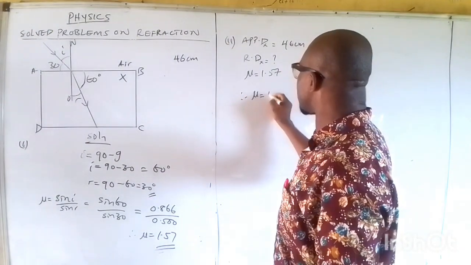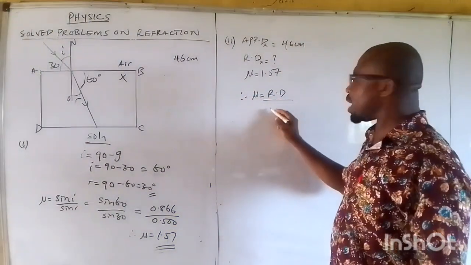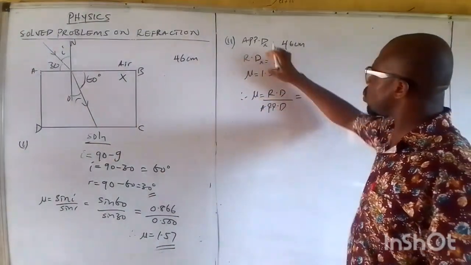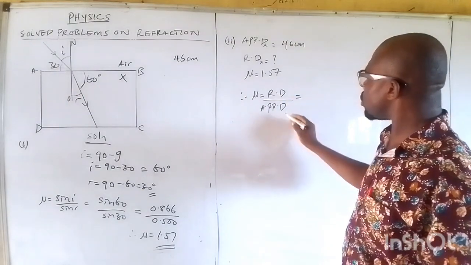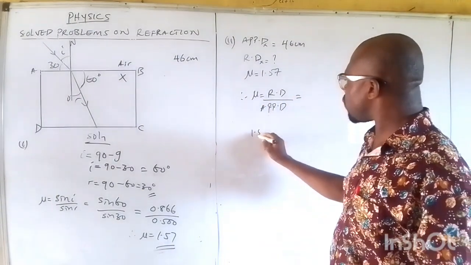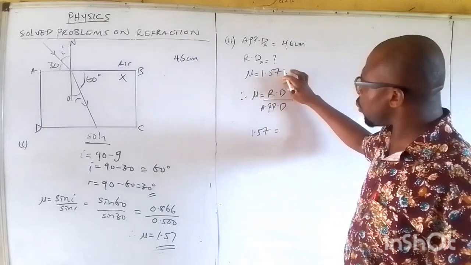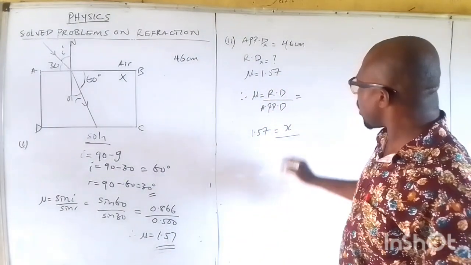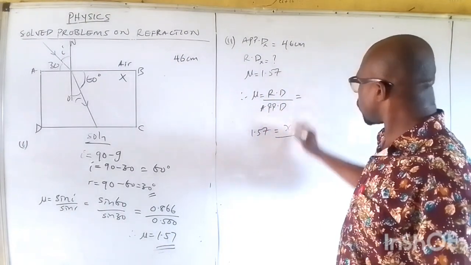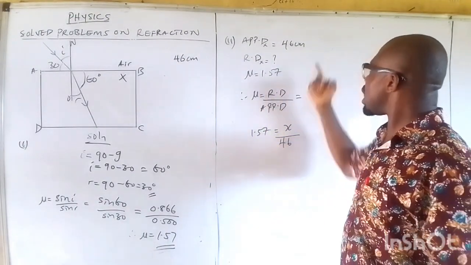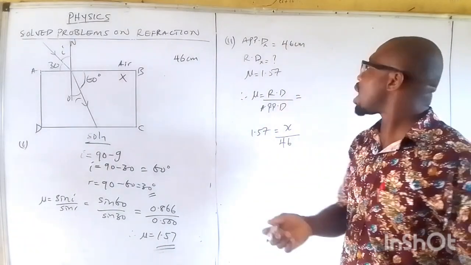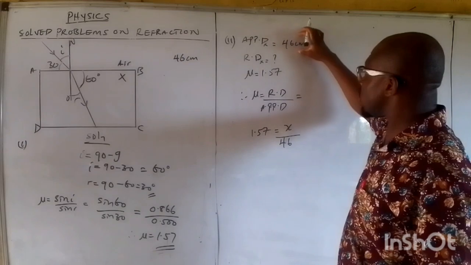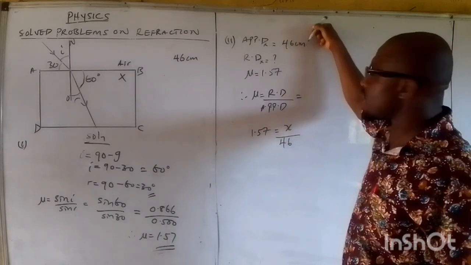Therefore, refractive index is real depth all over the apparent depth. Of course, the real depth here is unknown. So we have mu, 1.57, is equal to real depth, which you can call X, all over the apparent depth. Apparent depth is 46. You can decide to convert to meters, or you can decide to work with this. If you work with this, that means you will return your answer in cm.